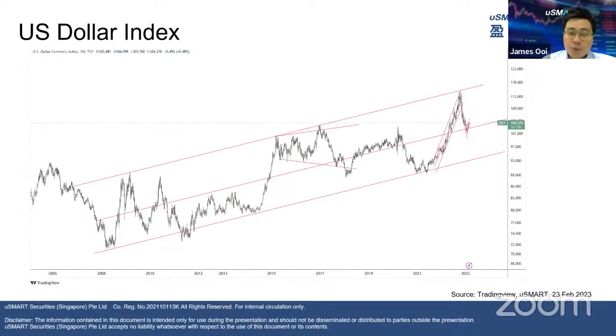So going back to the price movement of the US dollar index, not only are we seeing that it is moving up in the short term, if you zoom out and look at the bigger picture here, and you draw the uptrend channel from year 2008 until most recently, you could also see that in the long term, it is still an uptrend channel, and it looks like it will continue to move higher as well.